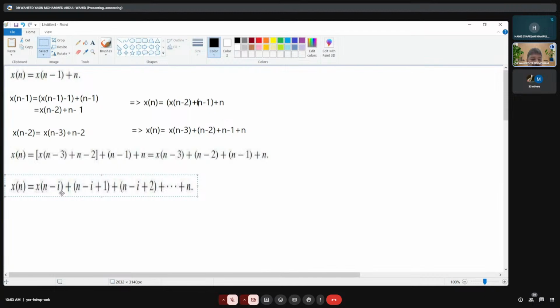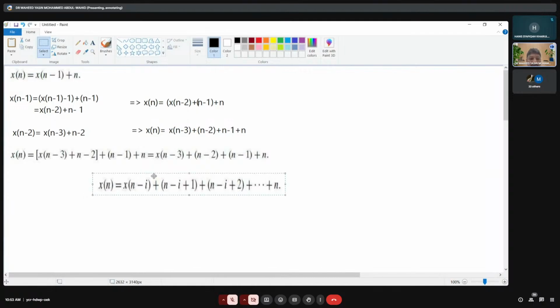We'll have n minus 3, n minus 3 plus 1, then n minus 2, n minus 3 plus 2, n minus 1 plus n. If we have 3, we get this. Replace here I with 3. Well, it will be xn minus 3. Here n minus 3 plus 1 means n minus 2. n minus 3 plus 2 will be n minus 1 plus n. So here this is the pattern.